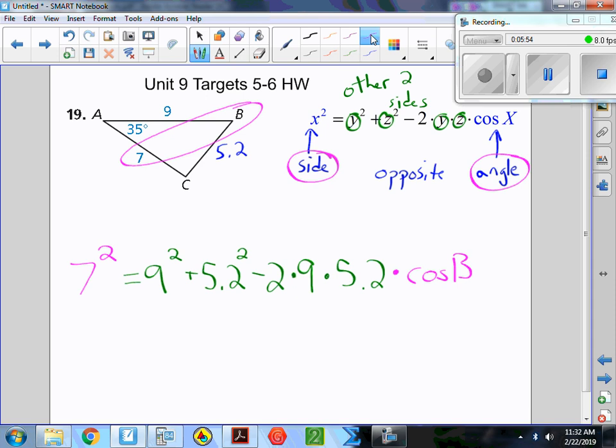So one thing I know is that 7 squared is equal to 49. I can then break this up into parts. So 9 squared plus 5.2 squared. 9 squared is 81. And then plus 5.2 squared, I get 108.04.